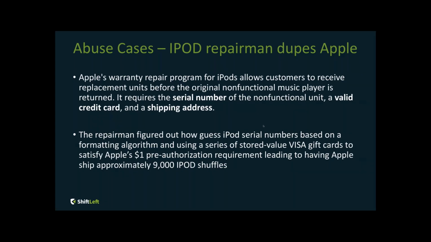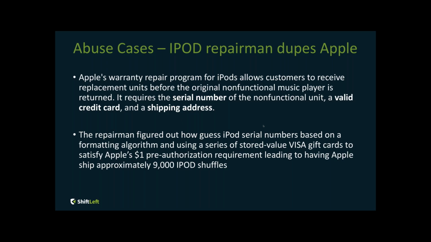Now let us shift and look at another use case of an abuse. This happened not too long ago again, where Apple's partnership program enabled a third-party repairman to take onus of repairing iPods adhering to service warranties. So this Apple warranty repair program allowed customers to receive replacement units before the original non-functional music player is returned.